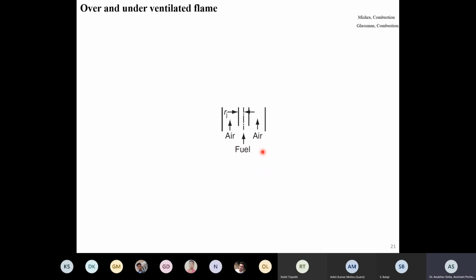You can put oxygen also here. If you draw the top view, the inner circle has fuel, and outside we are supplying air surrounding the fuel.